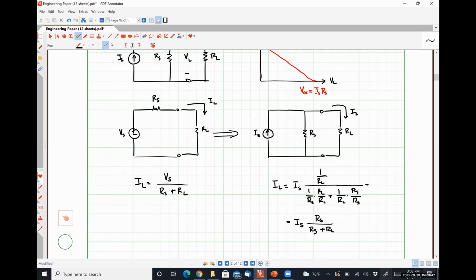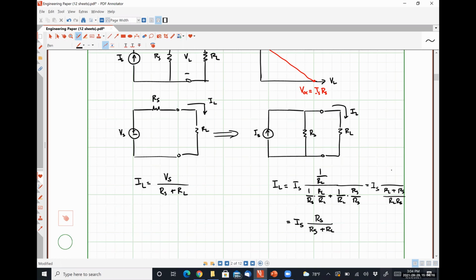So in my denominator I am going to have RL plus RS divided by RL multiplied by RS.